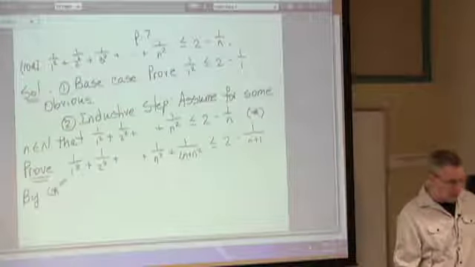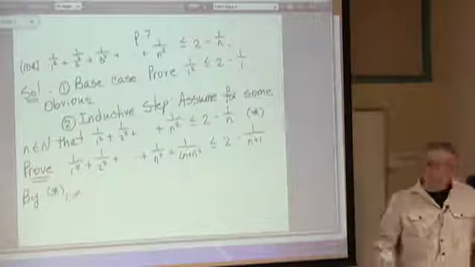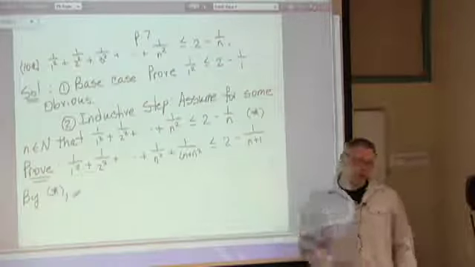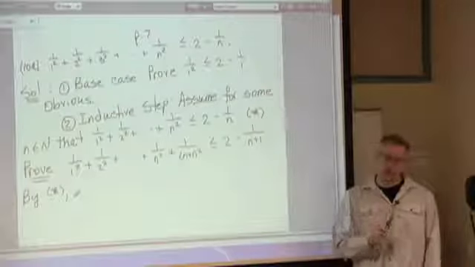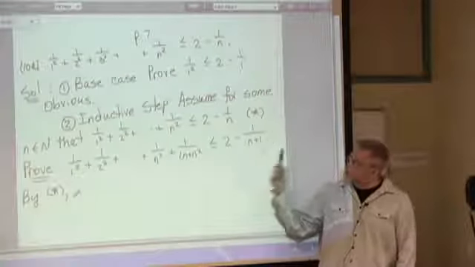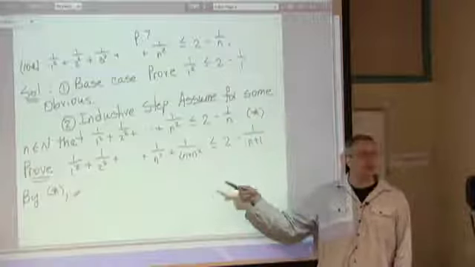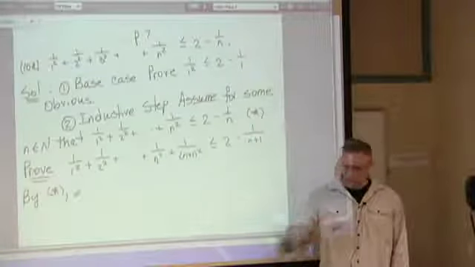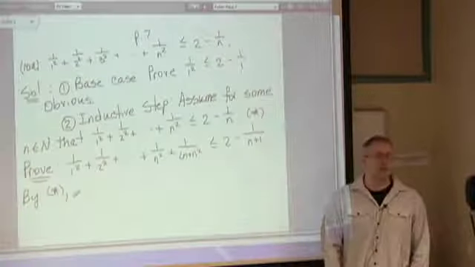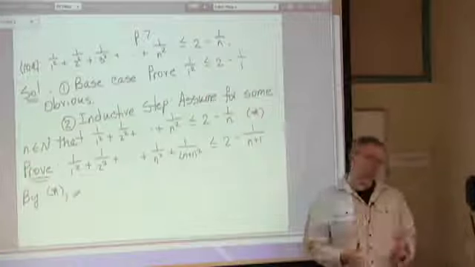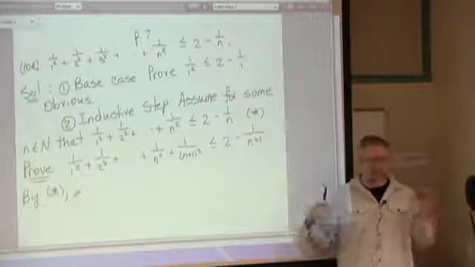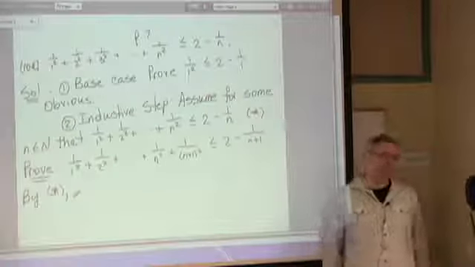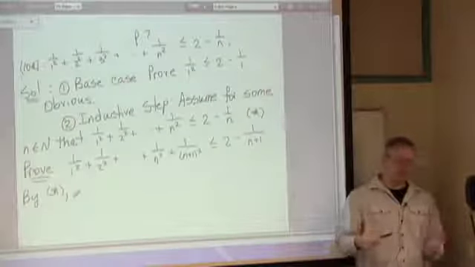Here's the idea, really. What you're assuming for some n is your starting point, and you want to get to the end. You don't want to start with what you want to prove and then do some stuff to that, and some of you were doing this before. No, logically that's not right. You start with what you assume, and you get to where you need to go, right? If you start with what you're trying to prove, then you've tacitly assumed it to be true. Maybe it's not true.